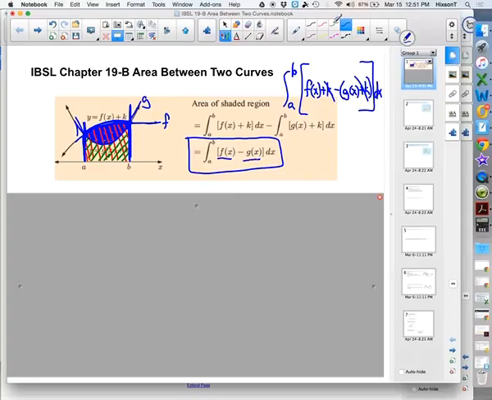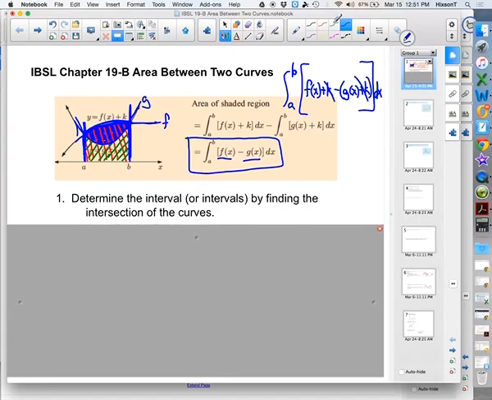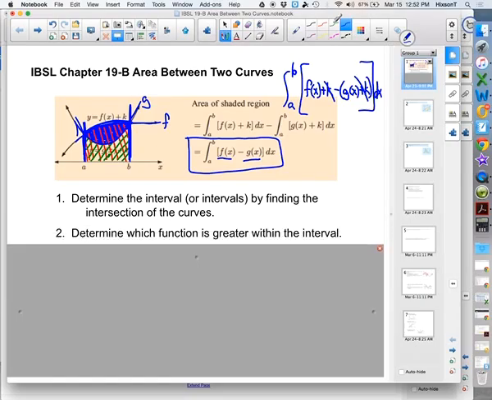Okay? So, to give ourselves a little bit of a procedure here. First of all, we've got to determine the interval by finding intersections of the curves. If we were actually doing this problem, we would have to figure out what A and B are, what those intersection points are. Secondly, in those intervals, which function is greater? Which one's on top, like we just said?